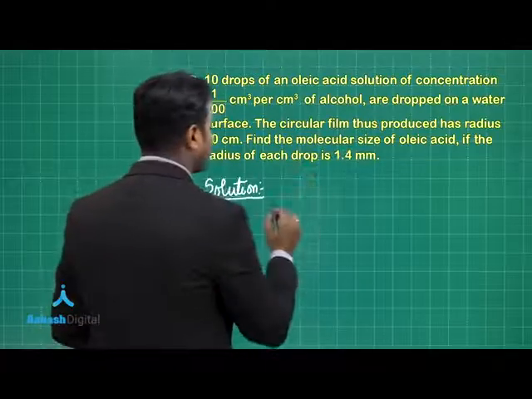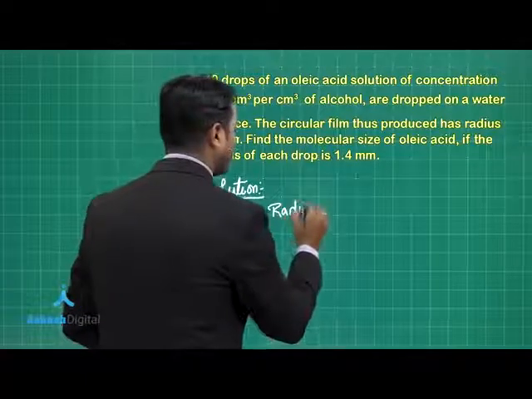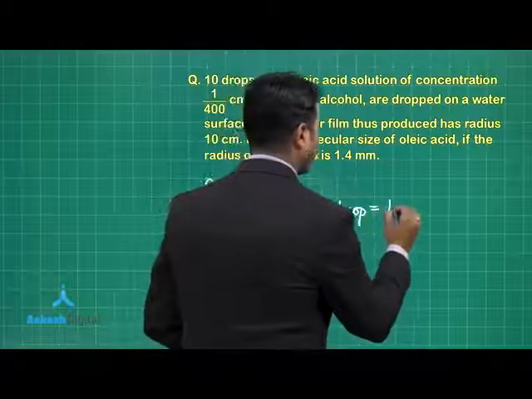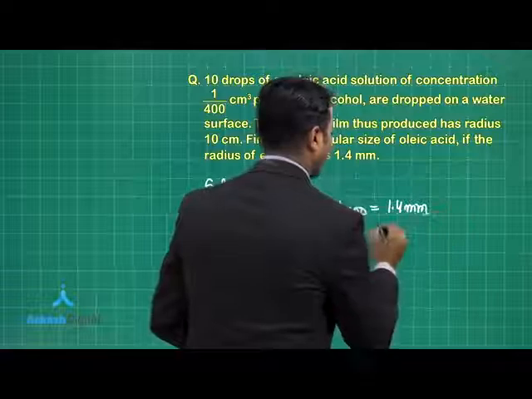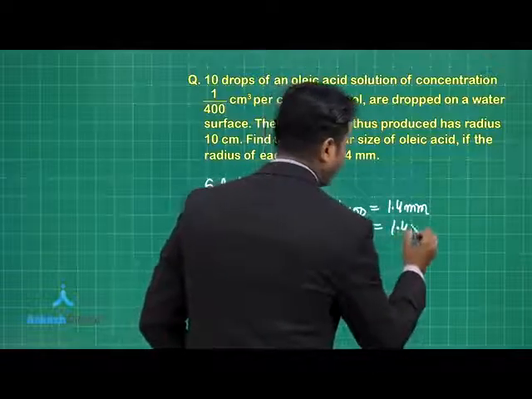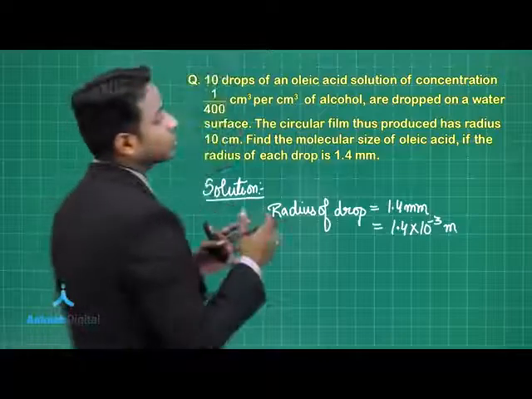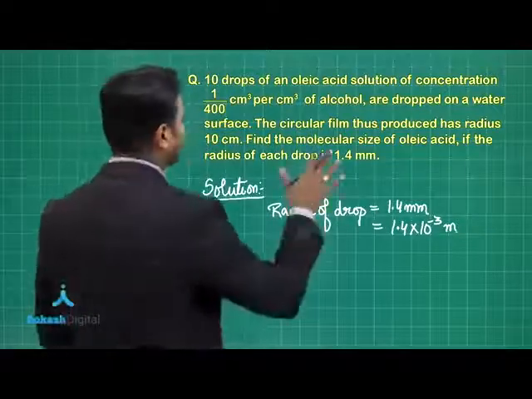The radius of the drop is given to you, so we can write down radius of drop is 1.4 millimeter, 1.4 into 10 to the power minus 3 meter, and then the radius of the circular film that has formed is 10 centimeter.